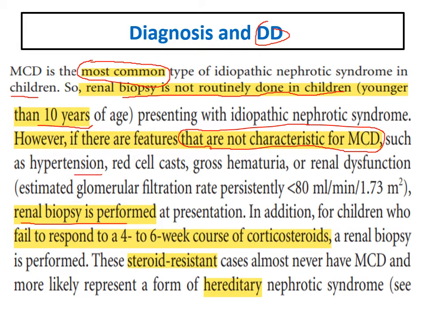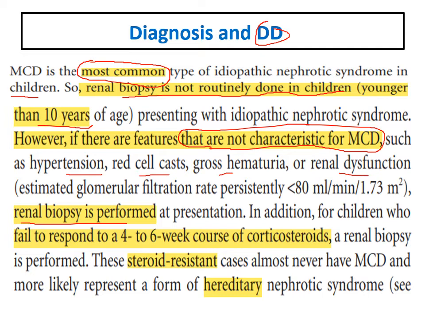If there is hypertension, red cell casts, gross hematuria, or renal dysfunction, all of these features are not characteristic for minimal change. So I became suspicious that this nephrotic syndrome might not be due to minimal change, and I should perform renal biopsy in these conditions.